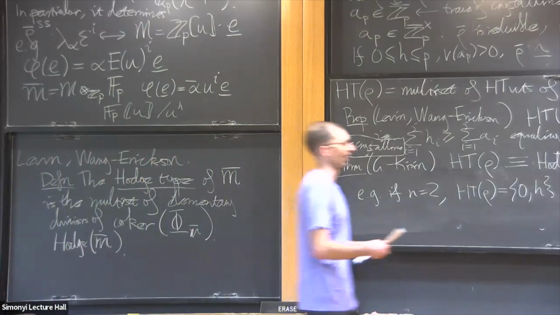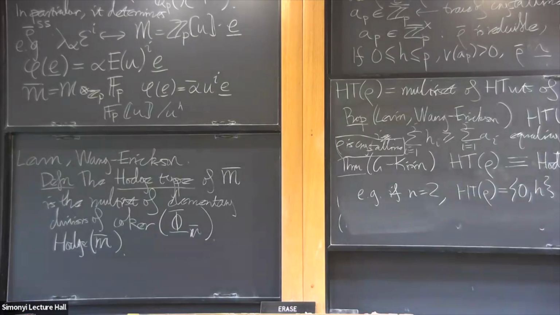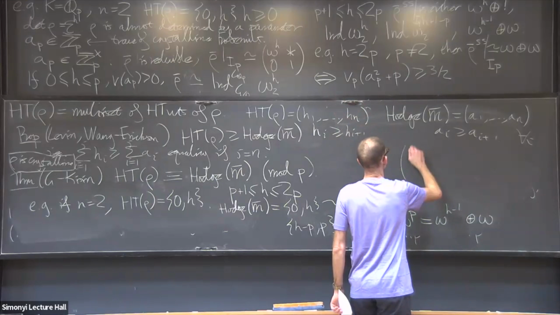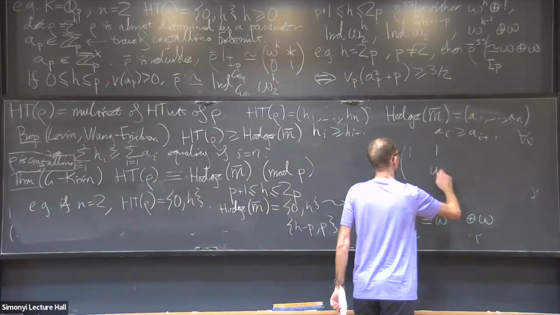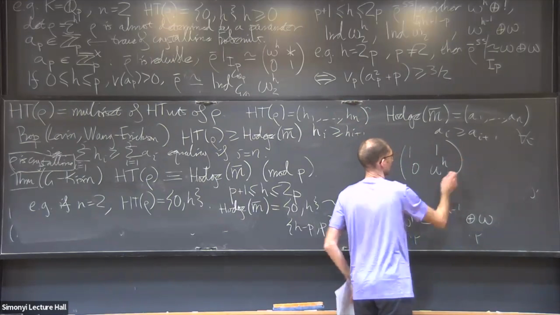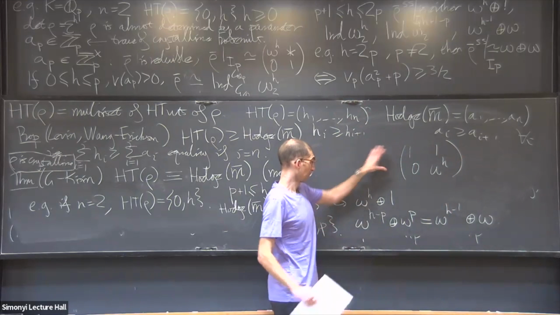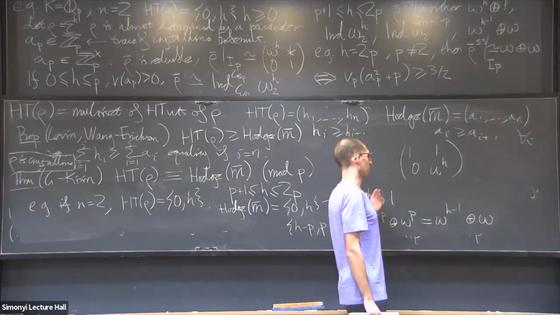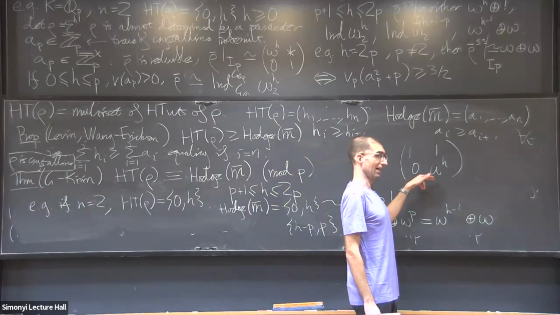What actually happens is that for these reducible things up here, maybe the mod p Kisin module has a matrix of Frobenius that looks something like this. And then the Hodge type of this is always 0 and h.